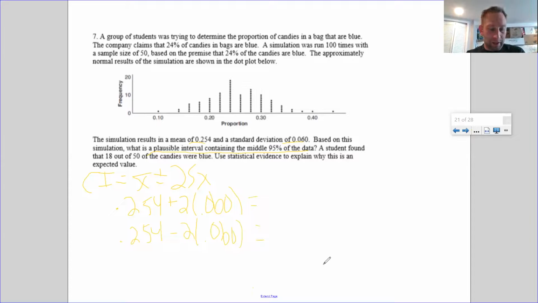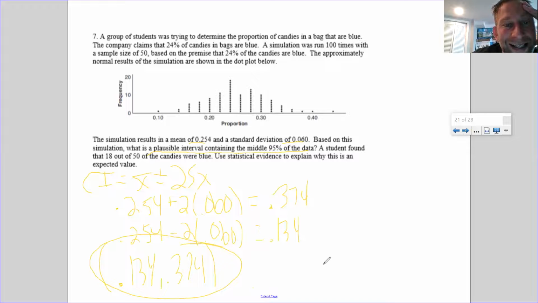Use your calculator. 0.374, 0.134. So 0.134, comma, 0.374.